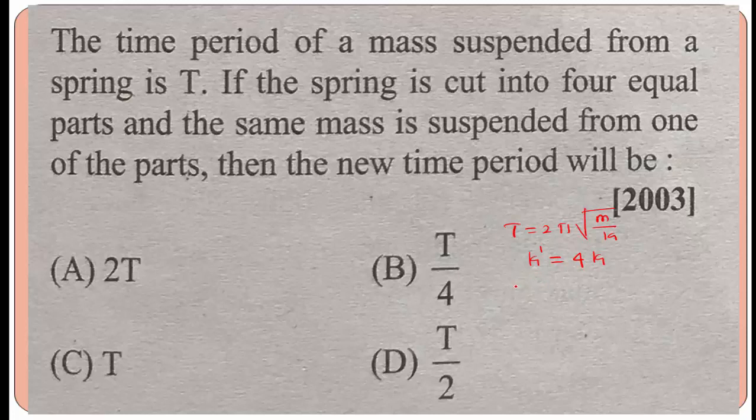Then the new time period will be t dash is equal to 2 pi root of m divided by 4 into k. Then finally we get the answer. The new time period t dash is equal to t by 2. Option D is the right answer.